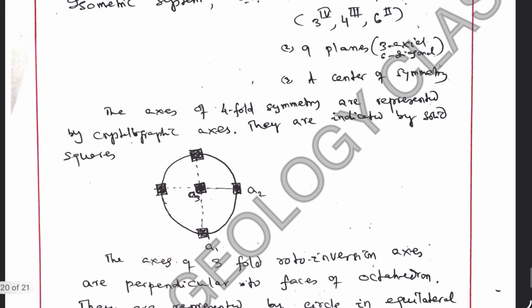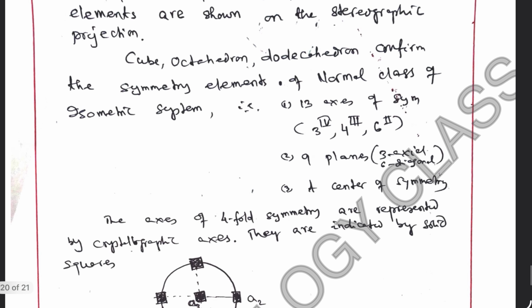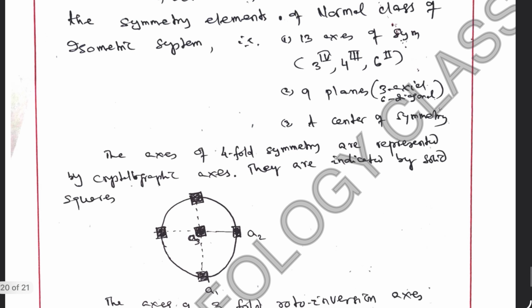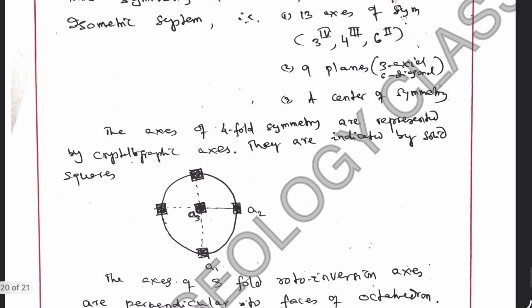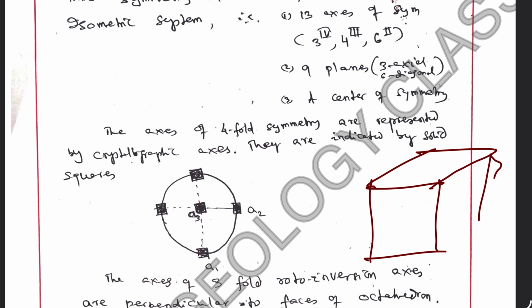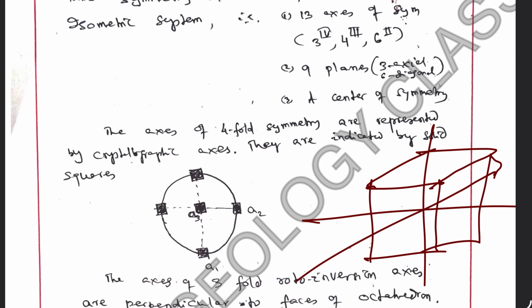Let me show. First we have to show the axes. So this is the A2 axis, an axis of fourfold symmetry. Let me draw the cubic crystal. So this is one axis, this is one axis, this is one axis: A2, A1, and this is A3.